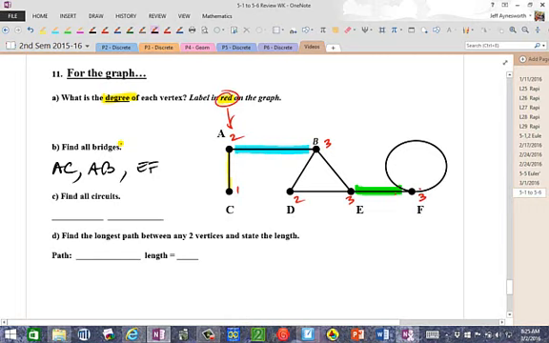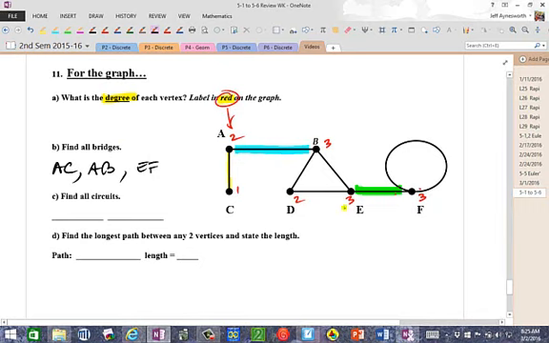Okay, and let's see here. Find all circuits. Oh boy. So let me see a circuit. B to D to E to B here.